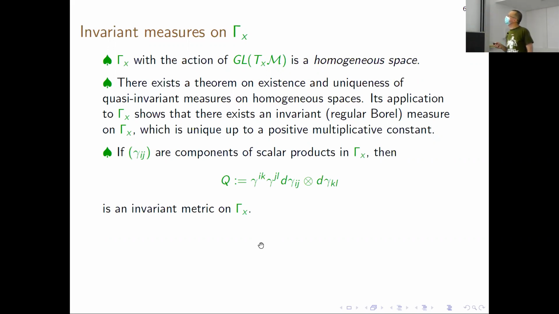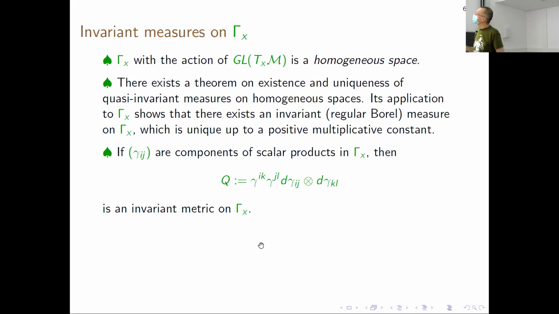Okay, so this theorem only guarantees that such a measure exists, but it does not say what this measure looks like. And of course, it is nice to have an explicit formula for such a measure. Fortunately, in this case, it is easy to construct such a measure explicitly. So, first of all, assume that these gamma ij are components of scalar products in this space given by a basis of the corresponding tangent space.